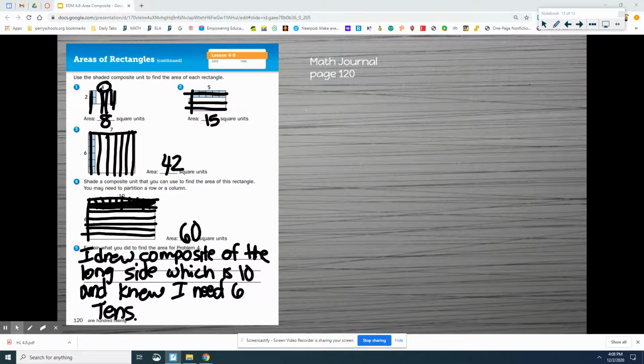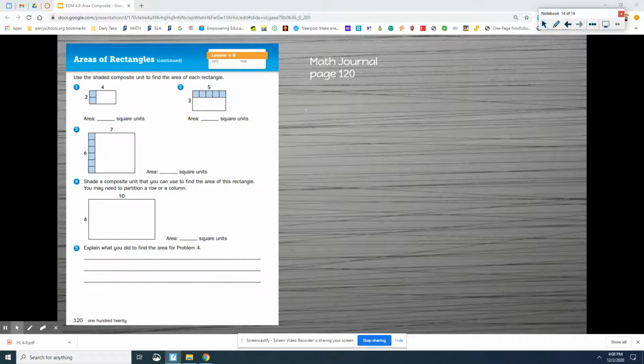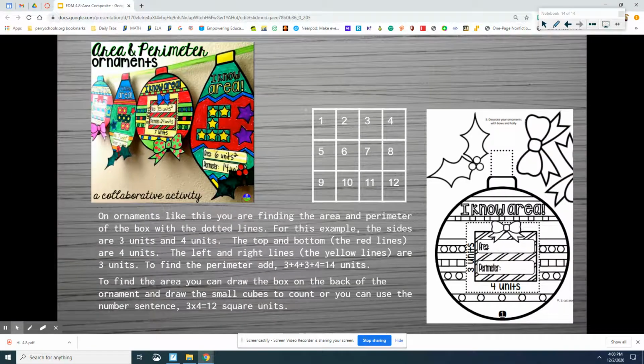We are going to be working on something similar for your activity. You've got your home link that you'll be doing, but you are going to be creating some ornaments, like Christmas ornaments. And these Christmas ornaments, you can color them and make them neat, but you're going to be finding the area and perimeter of the box on the dotted lines. So for this example, the sides are 3 units and 4 units.